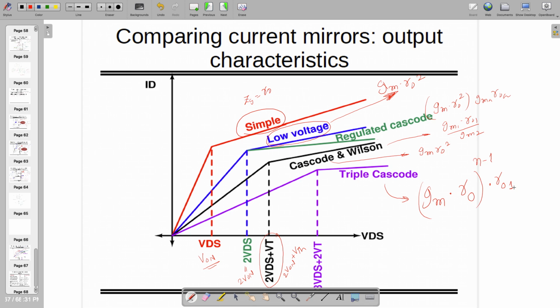And as many number of cascodes you are doing, 4 cascode, 5 cascode, you are going to have GM times RO to the power n minus 1 times RO n. This is what you are going to achieve, but at the cost of V minimum. So there is a problem with the headroom, which we have already seen.